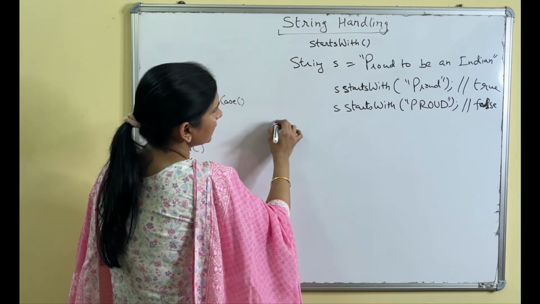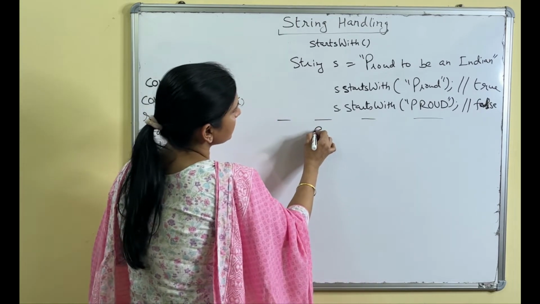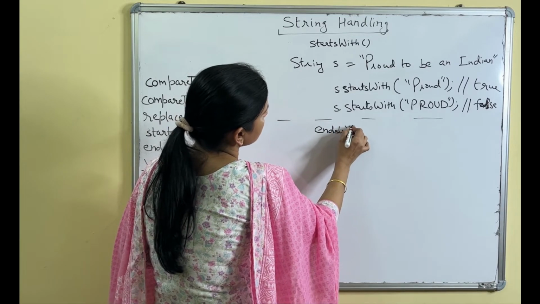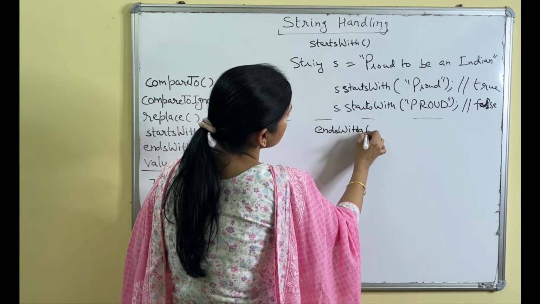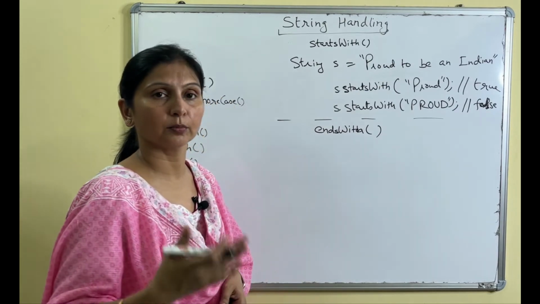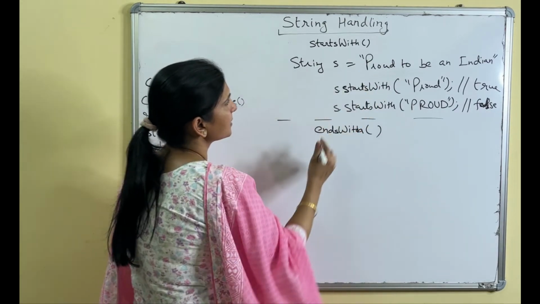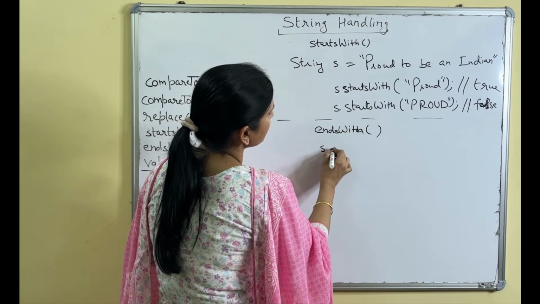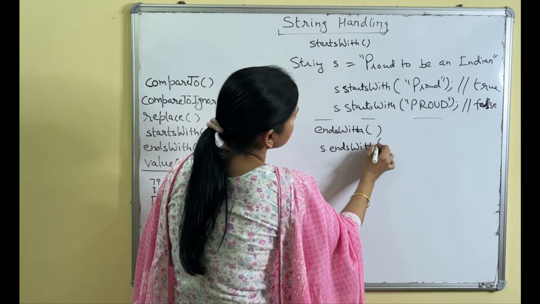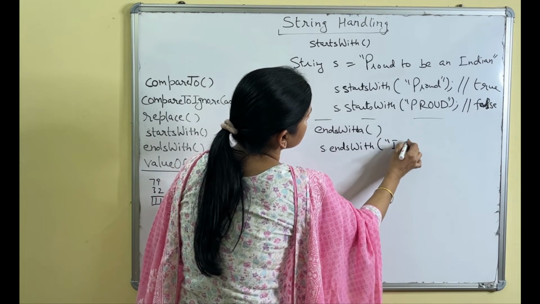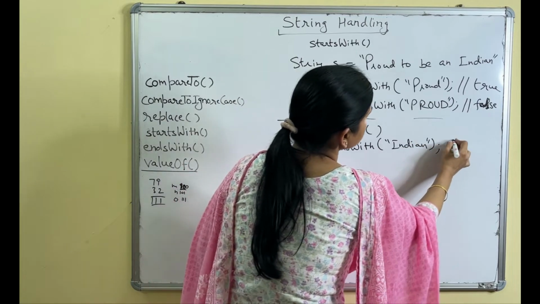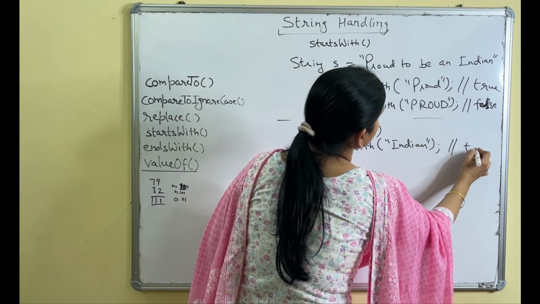In the same way, another function is there, endsWith. The endsWith function also accepts a string as an argument and returns a boolean. So in the same example, if I write S.endsWith("Indian"), what will be the output? Its output will be true.